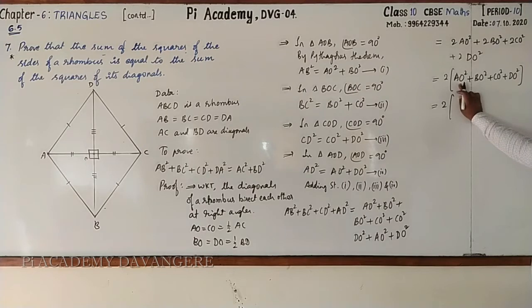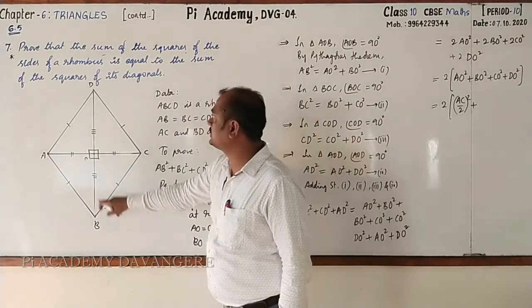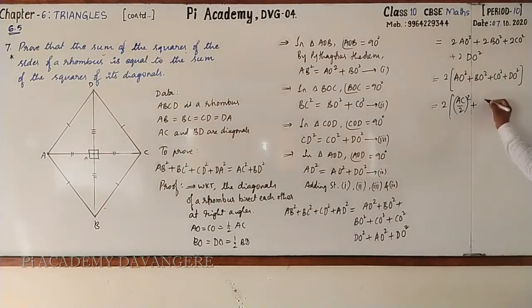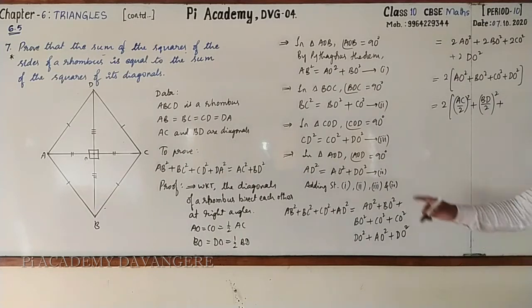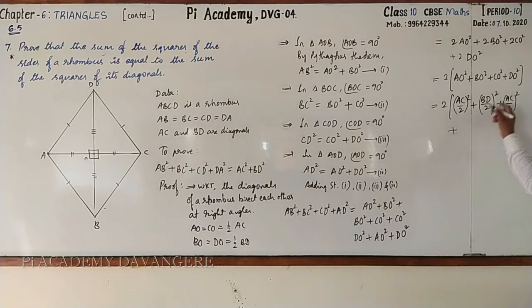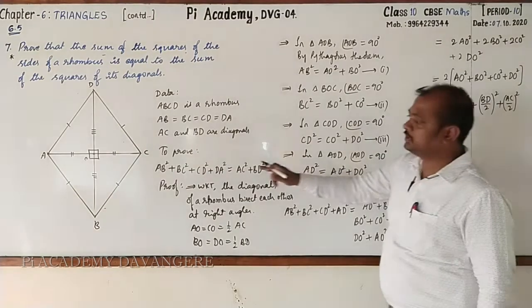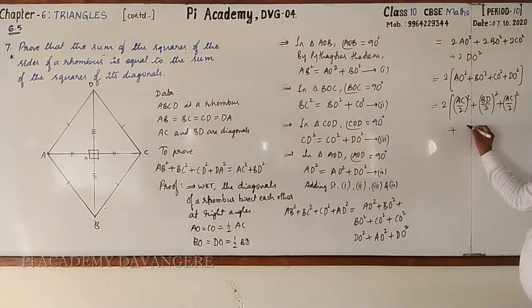what is AO square? AO is half of AC, right? AC by 2 whole square. BO is half of BD, BD by 2 whole square, plus CO, half of AC, AC by 2 whole square, plus DO is half of BD, BD by 2 whole square.